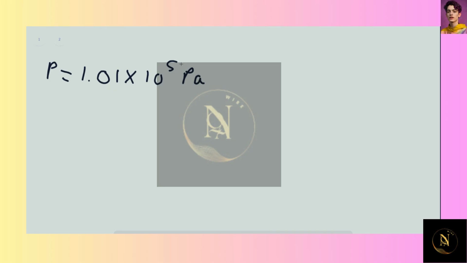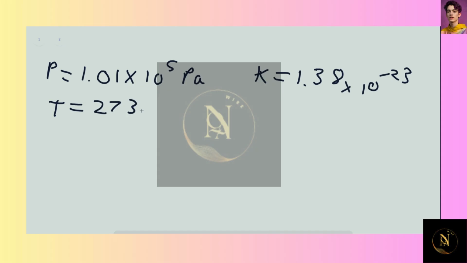And our Boltzmann constant k is equal to 1.38 times 10 to the minus 23, and then our temperature is given by 273 Kelvin.